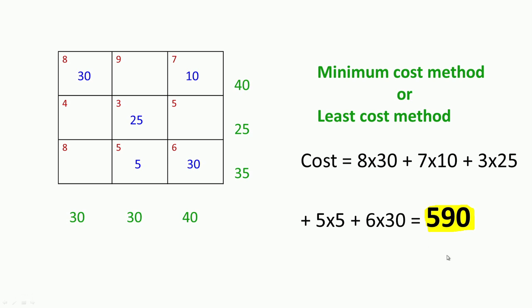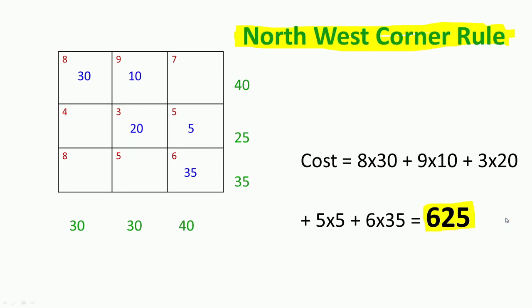It is another method to give us a starting solution. We first saw the northwest corner rule, now we have seen the minimum cost method. So, let us make a quick analysis of which one is better. The minimum cost gave us a solution with 590 and the northwest corner gave us a solution with 625.